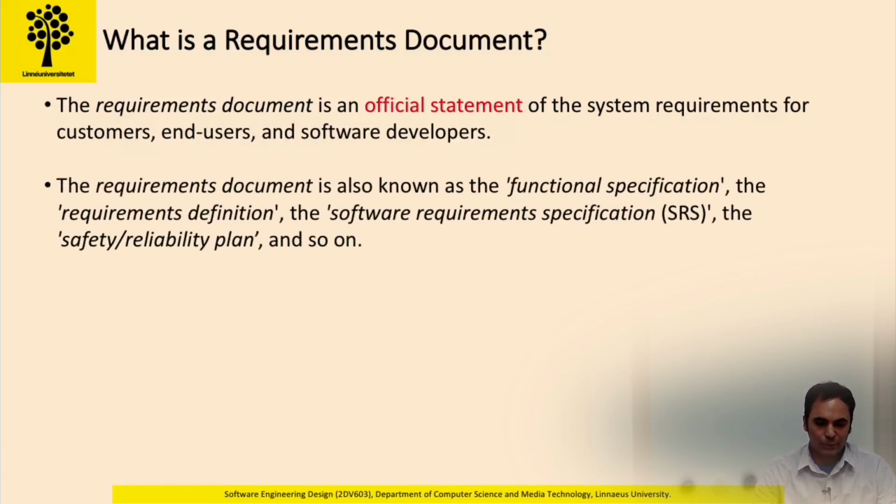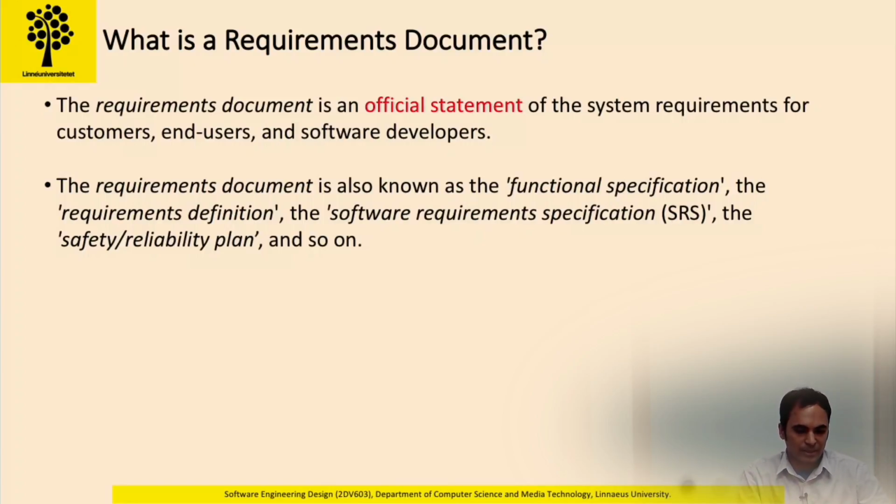And usually these requirement documents are known by different names, based on the company or the people. They call it functional specification, but it's not necessarily always functional. It also includes non-functional specification. Then it's also called requirements definition.